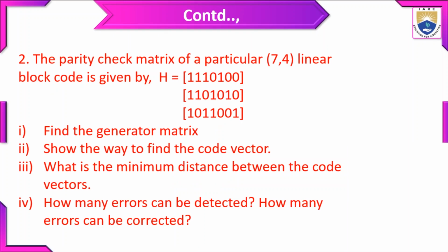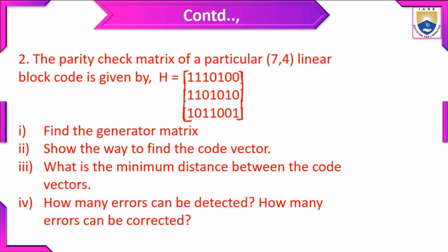So coming to the second problem. What's the second problem? The parity check matrix of a particular 7,4 linear block code is given by H, like this.